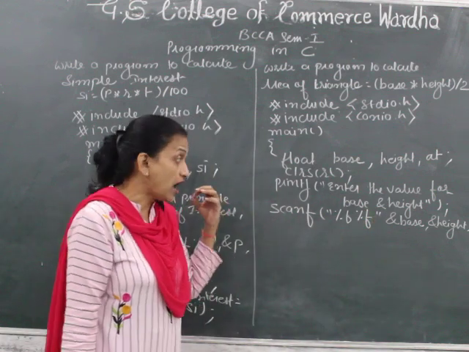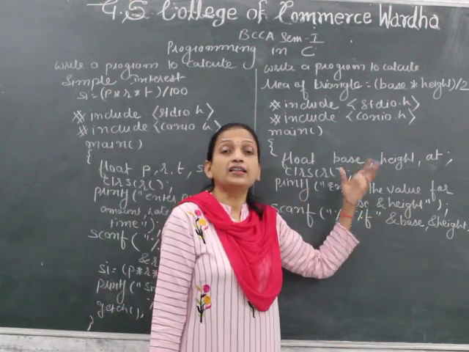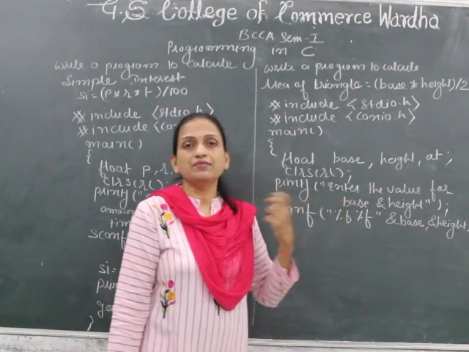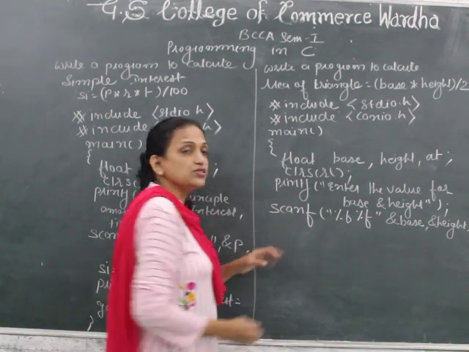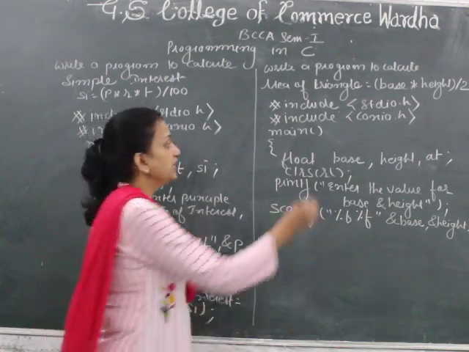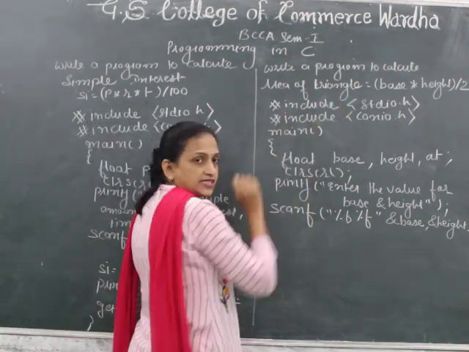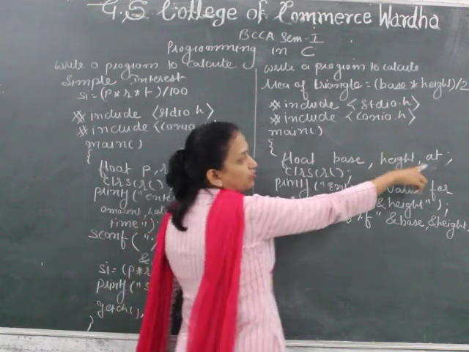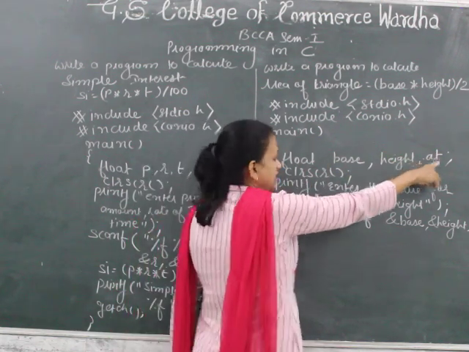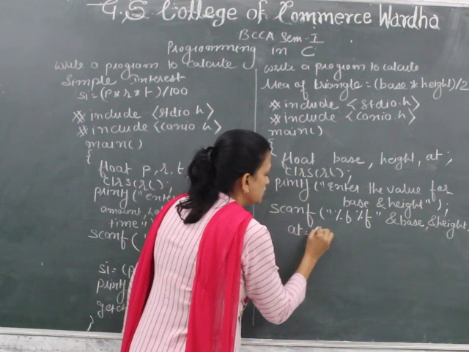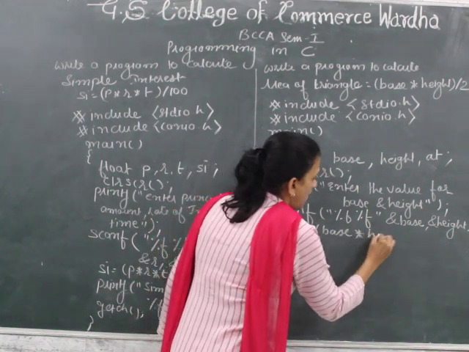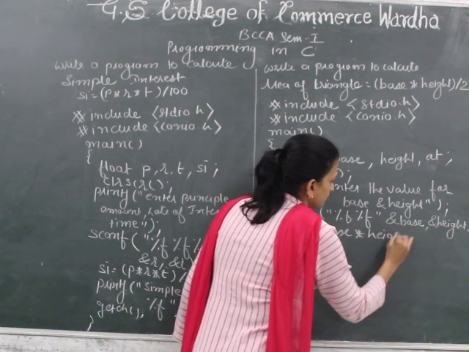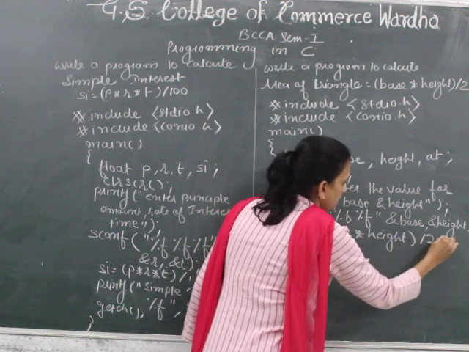You have to put the semicolon at the end of the statement, because the semicolon is treated as line termination. Now once you have the value for base and height, you need to calculate the area of triangle. So for the area of triangle, what have we declared? AT. So AT is equal to base into height divided by 2.